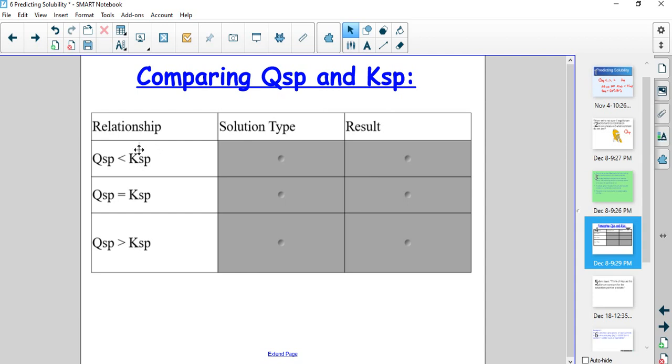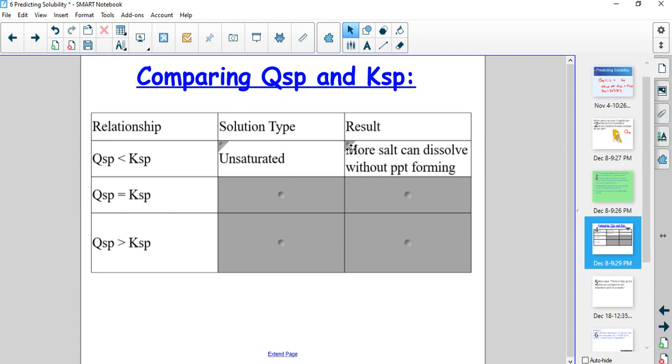So if that's possible, then the right or the forward reaction is going to be favored. Meaning if more solute can dissociate or ionize, then it is an unsaturated solution, and more salt can therefore dissolve without a precipitate forming. But now if they're both equal, then you have reached equilibrium and so it is saturated, in which case no more salt can dissolve.